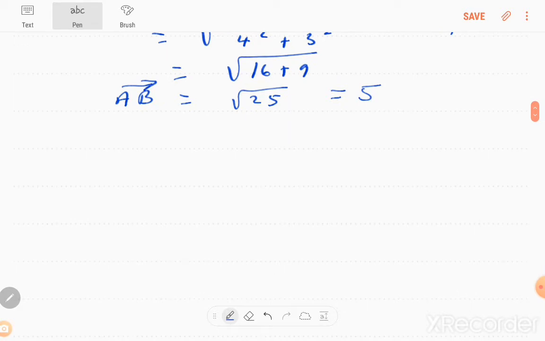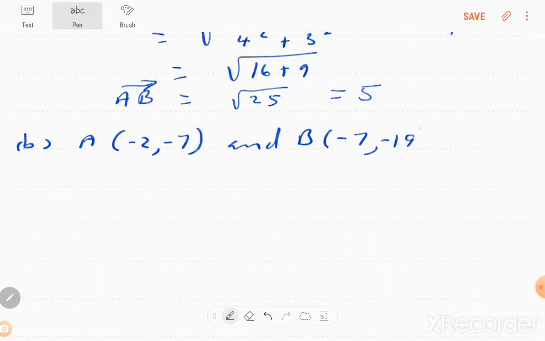Okay, let's look at another example. Suppose we have A as the point (-2, -7) and B is (-7, -19). So AB will be the square root.